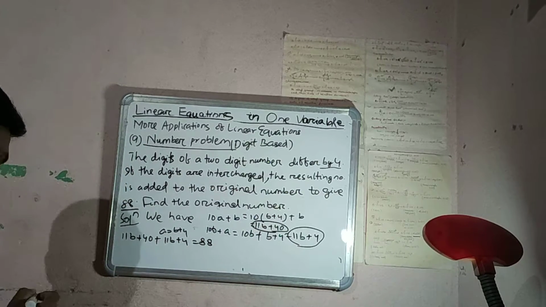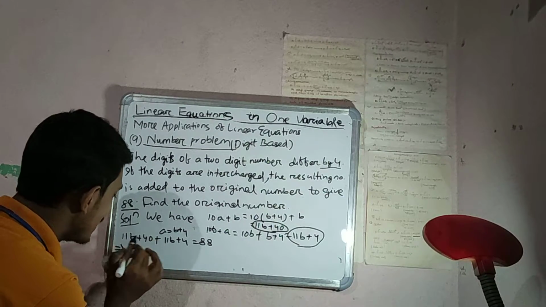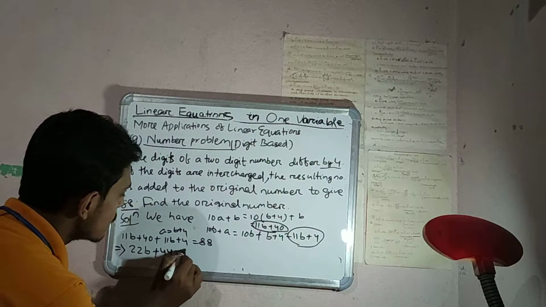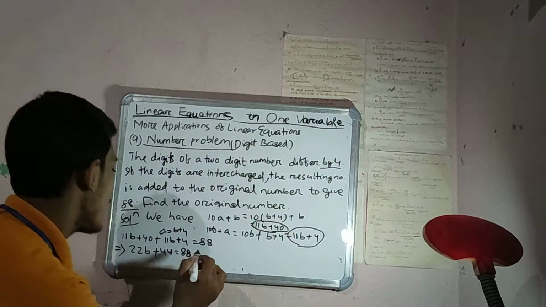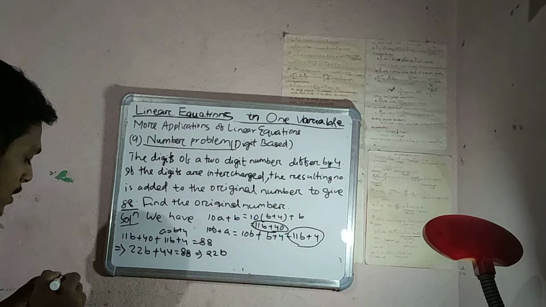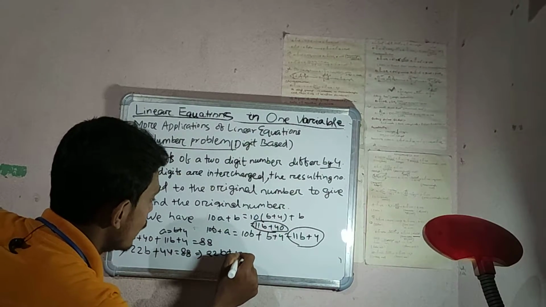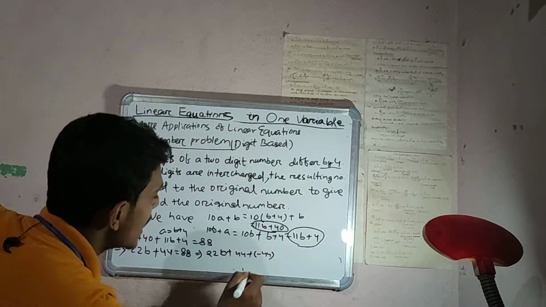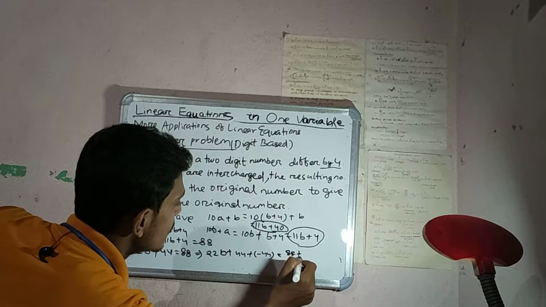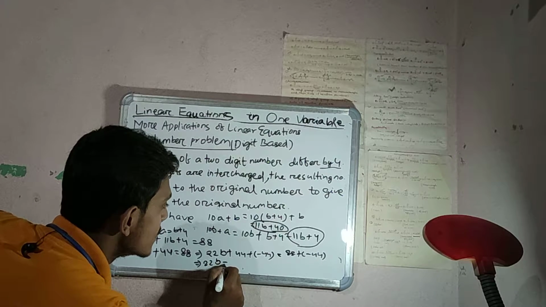That implies 11B and 11B, that is 22B, plus 40 and 4, that is 44, is equal to 88. So for 22B, with the variables on one side, we subtract 44 from both sides, because I have to remove the 44 from the left hand side, that is 88 minus 44. So 22B is equal to 44.